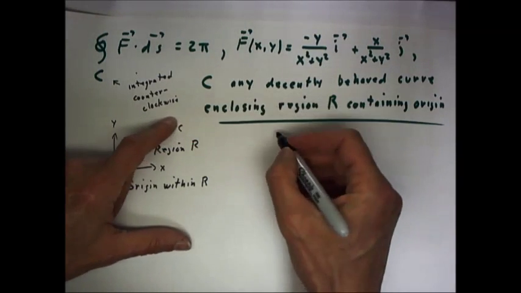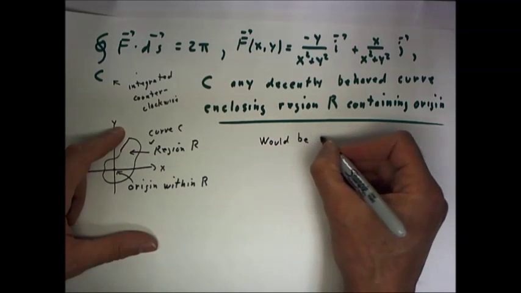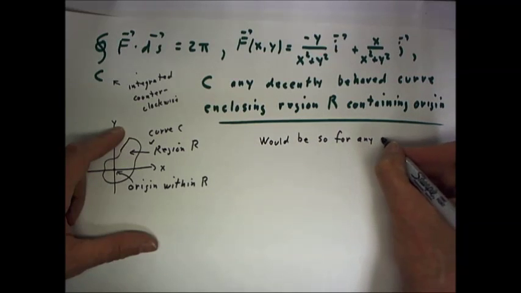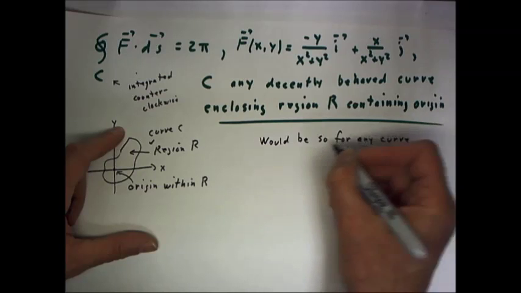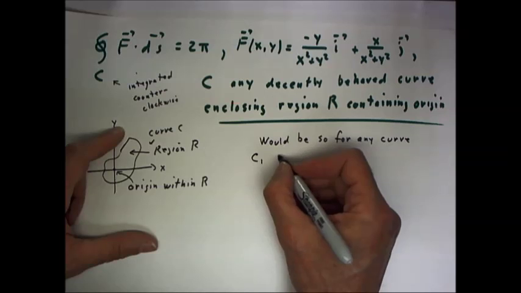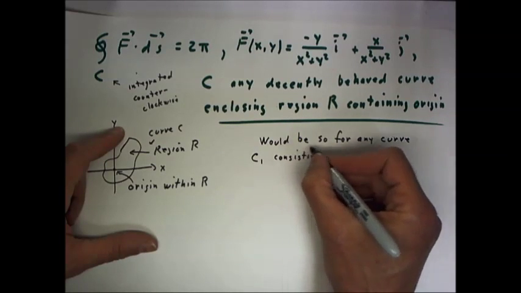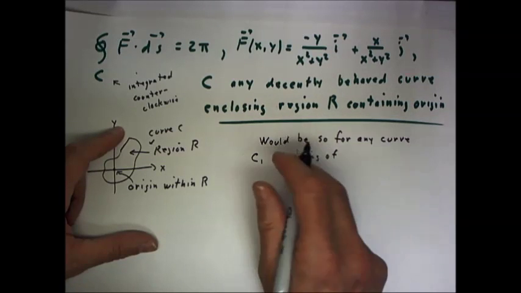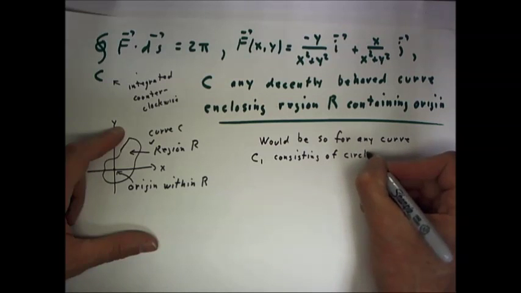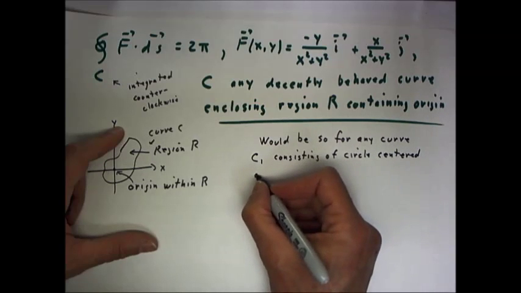Now, this would be true for any curve, which I'll call C1, wording's getting a little clumsy here, but we'll say consisting of a circle centered at the origin.